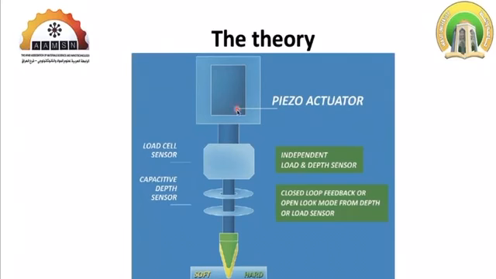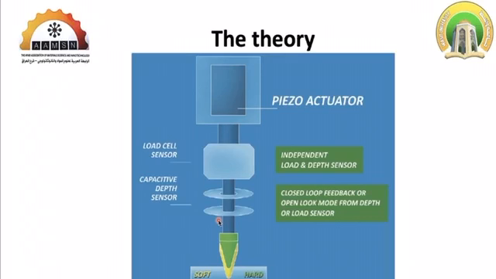The arm that holds the indenter is also connected to a load cell, and as we mentioned earlier, the load recorded here is very precise, in the microscale. It is connected to a capacitive sensor, which is basically two parallel metal plates that measure the capacity of the air between them.